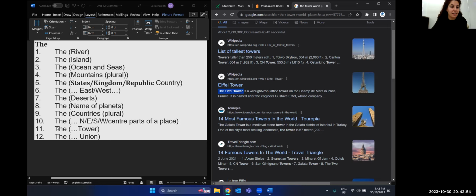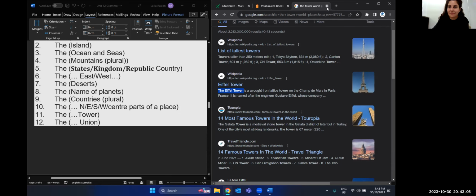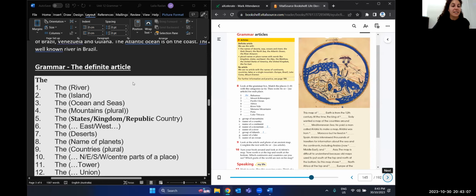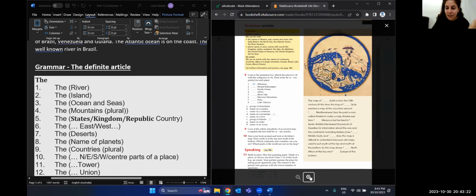So you need to say the. If you have a union, you need to say the. So that's some rules. When do you use the definite article the? When you have all these words, you need to say the. So the is for names of deserts, seas, oceans, and rivers. And then it gives you lots of examples here.